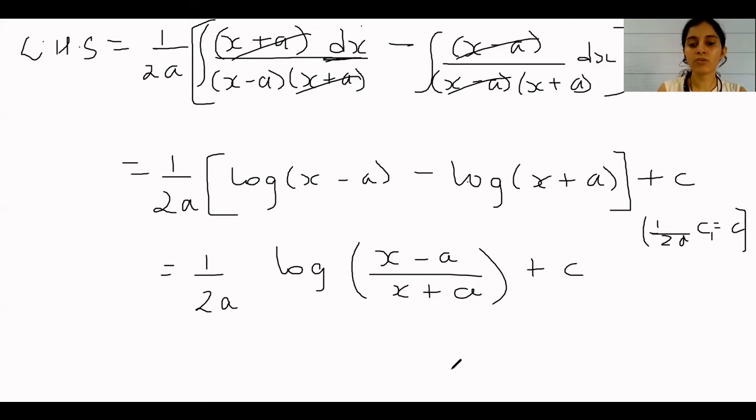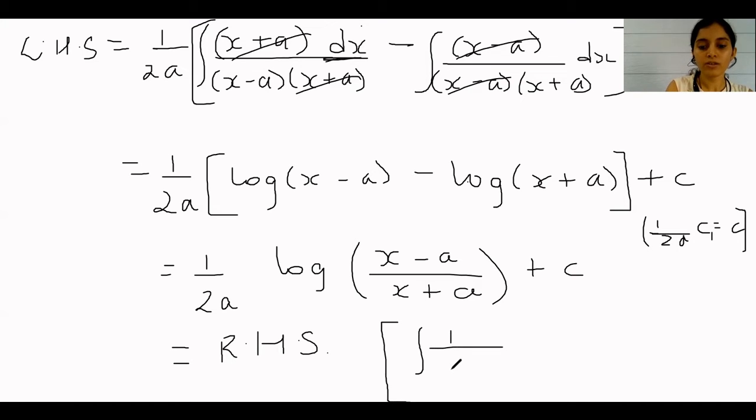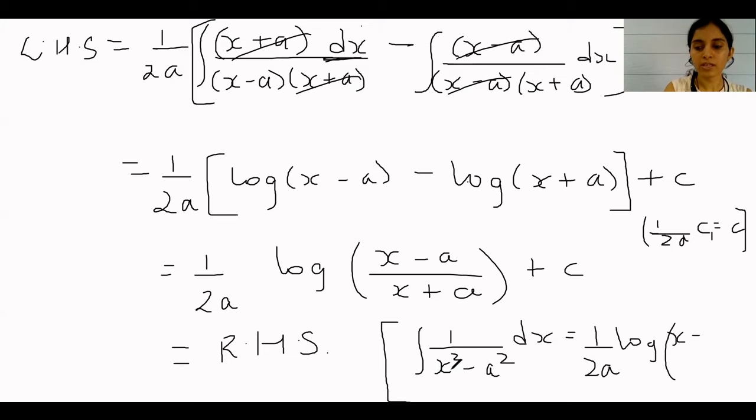So 1 upon 2a log of x minus a upon x plus a plus c, this is your RHS. So what is the identity that we have proved, or you can say special integral that we have proved? 1 upon x square minus a square dx equal to 1 upon 2a log of x minus a upon x plus a plus c.